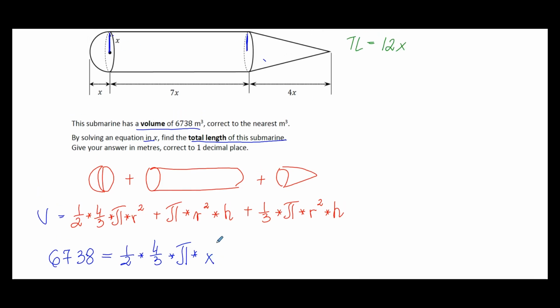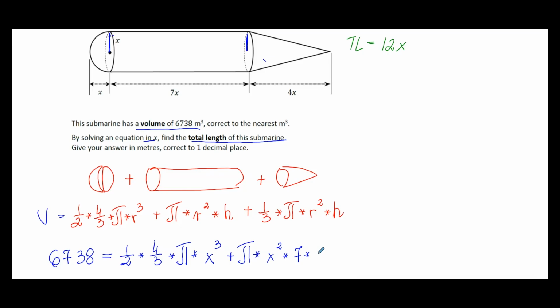So we're going to have x to the power of 2 plus. Actually, that's my mistake. That shouldn't be written power of 2. That should be power of 3, isn't it? Power of 3. Then the next one, pi multiplied by radius, which we know is x, so x to the power of 2, multiplied by the height of the cylinder, and what is that? 7x.